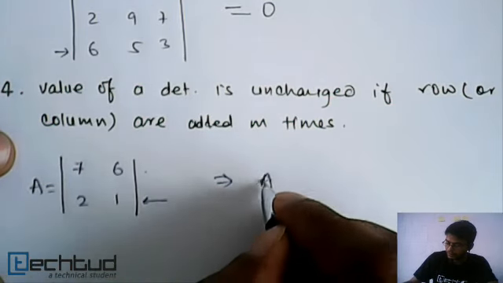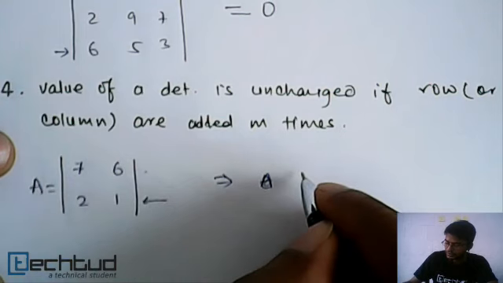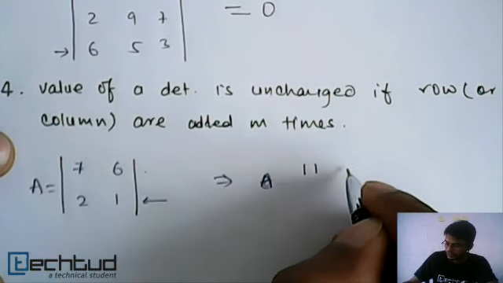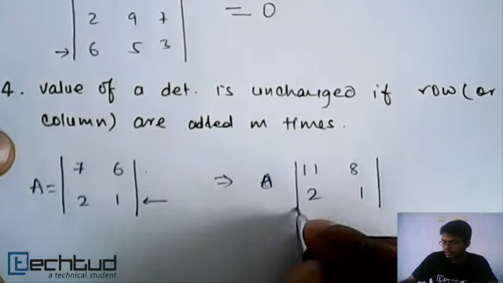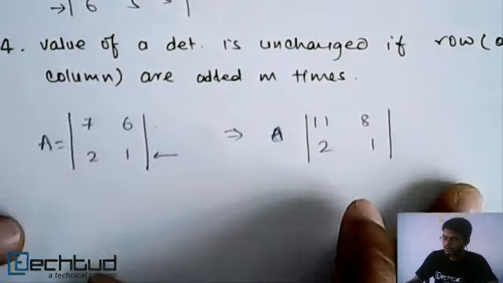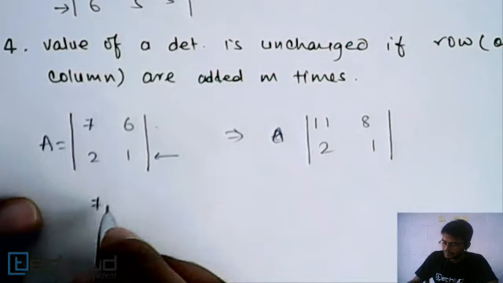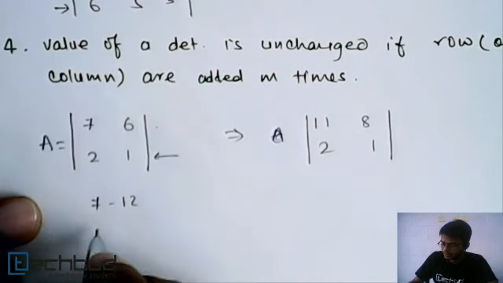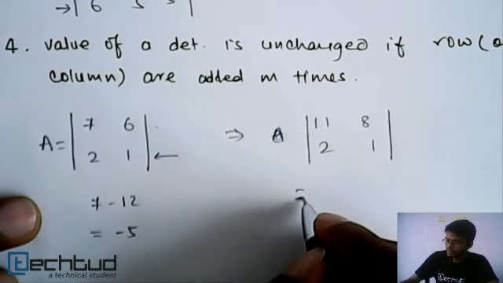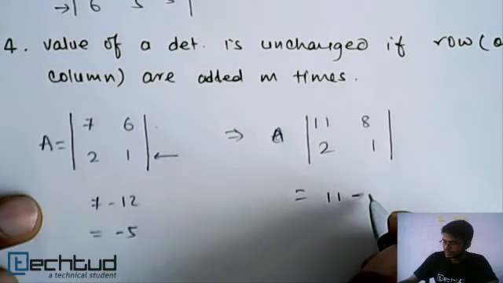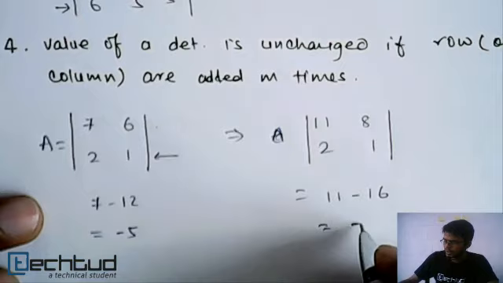The determinant will become 7 4, 11 6, 2 8, 2 1. Fine, now let's compute the value. So here the value will be 7 minus 12, that is minus 5, and here the value will be 11 minus 16, that is minus 5.